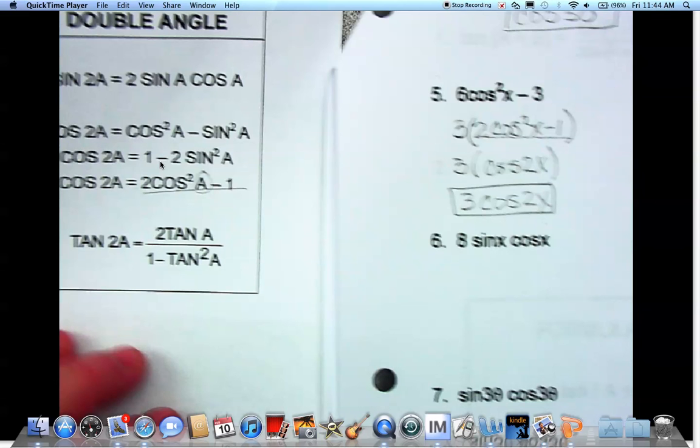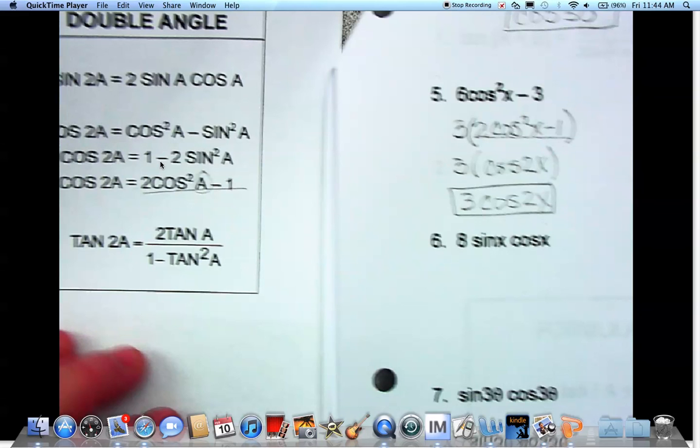We've got cosine of 2x. Remember, 2x could be any of these. Okay, so we need to figure out which one we want to use. Even though any of them will work, what about the bottom? What about sine of 2x?